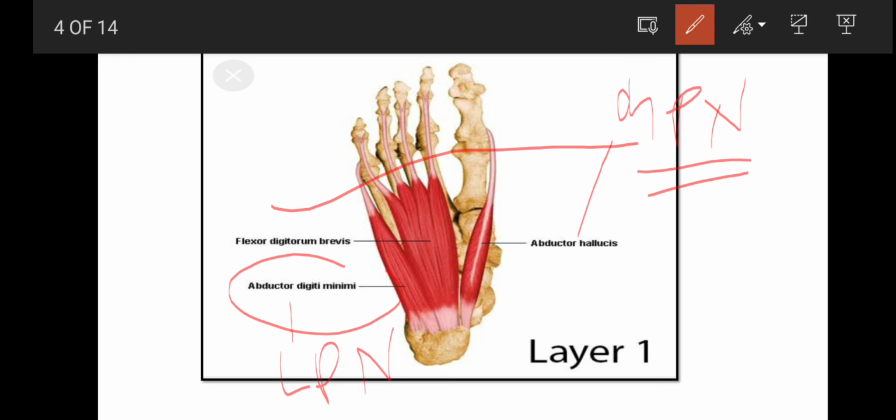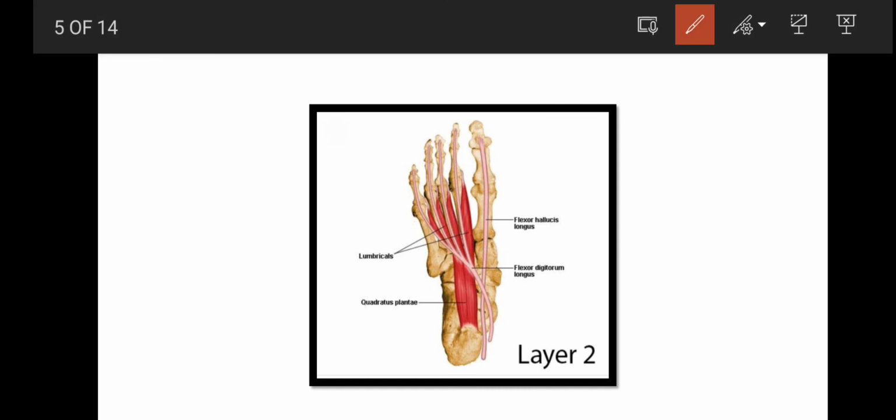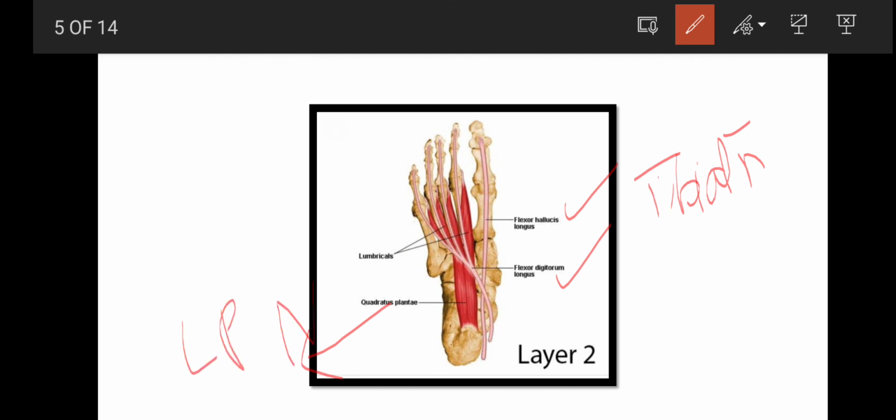Now coming to the next layer, that is layer 2. As you all know, these two are the muscles coming from the back side, so they are supplied by the tibial nerve. The other muscle, flexor digitorum accessorius, is supplied by the lateral plantar nerve. Now coming to the lumbricals, you have to study this.